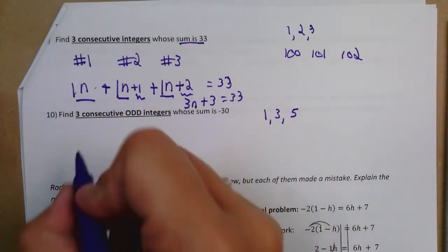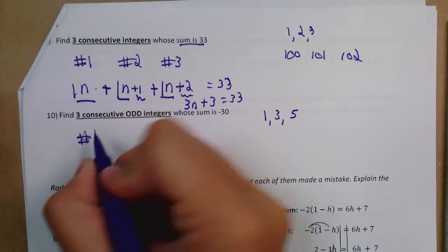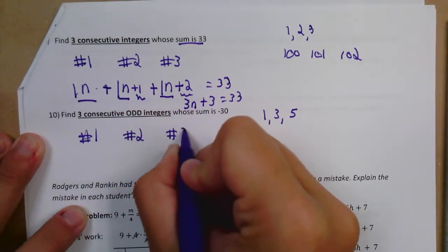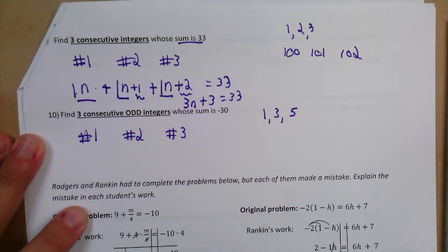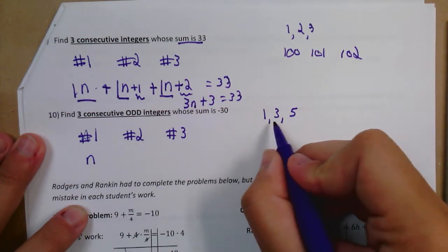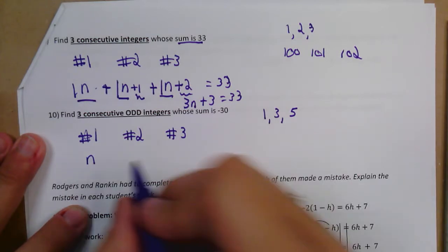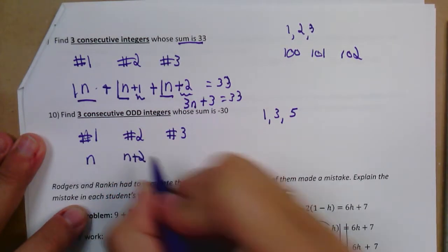So if I go through the same process like I did in the first one, I want 3 numbers: number 1, number 2, number 3. My first number is always going to be n because it's the first number in the order that I'm listing. My second number, again looking over here, when I went from 1, my first number, to my second number, this time I added 2.